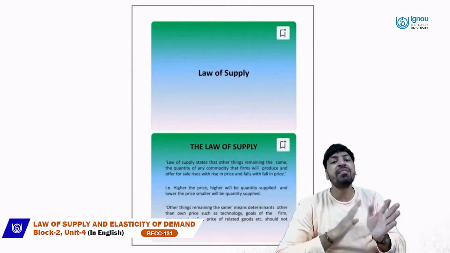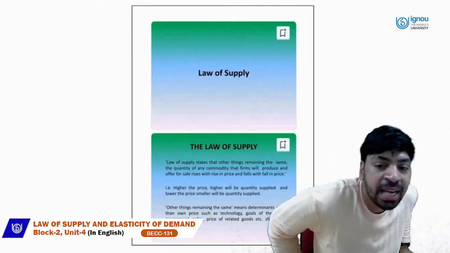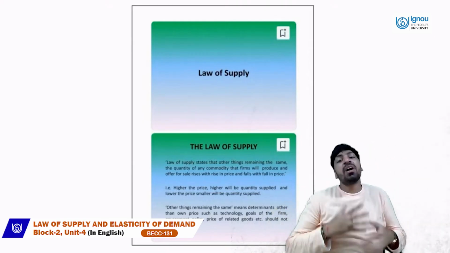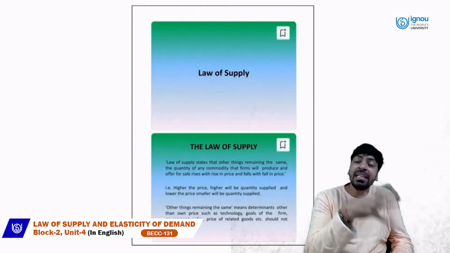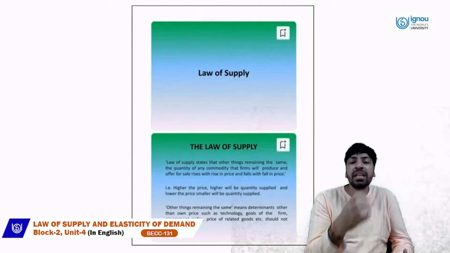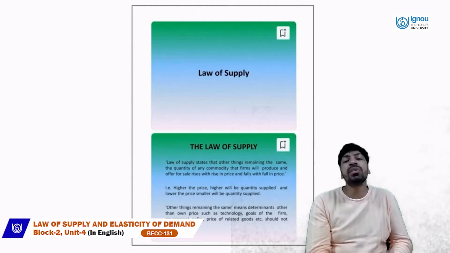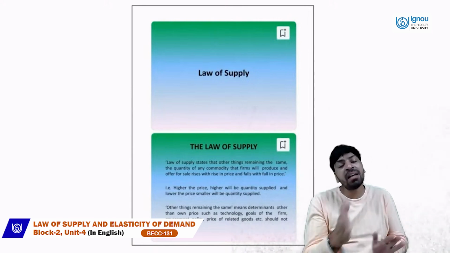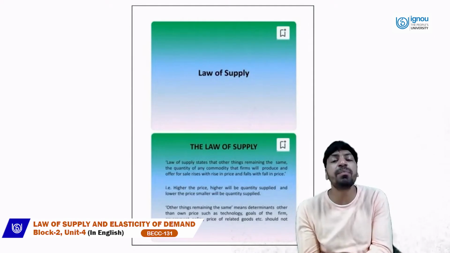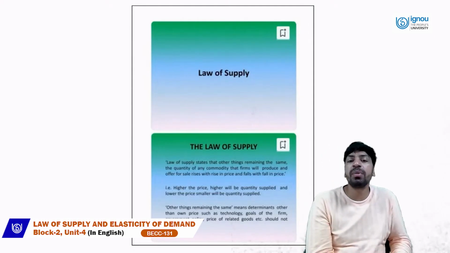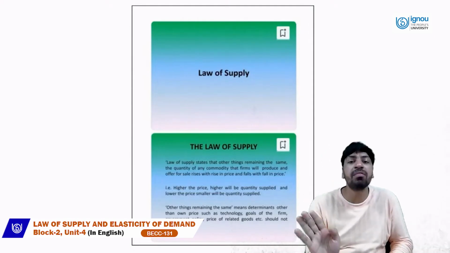That means the quantity of any commodity that the firm is willing to produce and offer for sale could change, either increase or decrease, according to the change in the price of that particular commodity during a particular period of time.